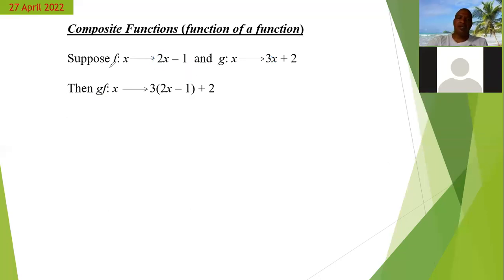We are given two functions, so let me write them in a form you are a little more comfortable with. f of x is equal to 2x minus 1, and g of x is equal to 3x plus 2.